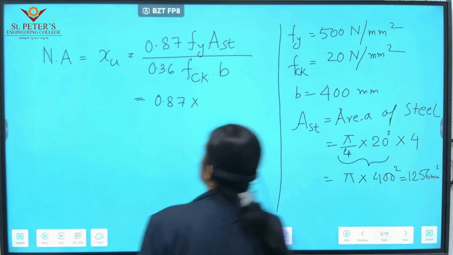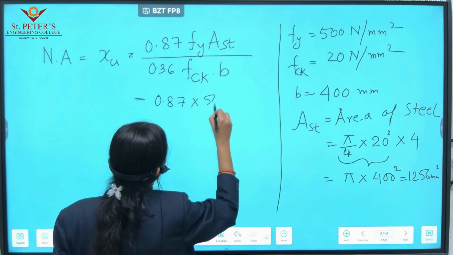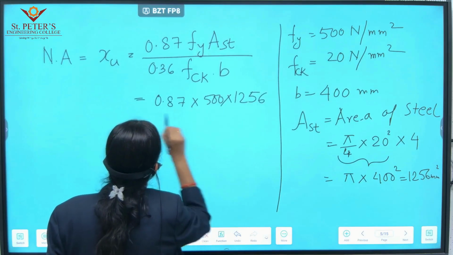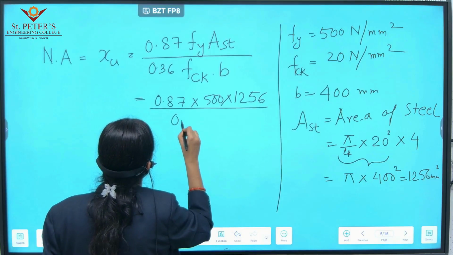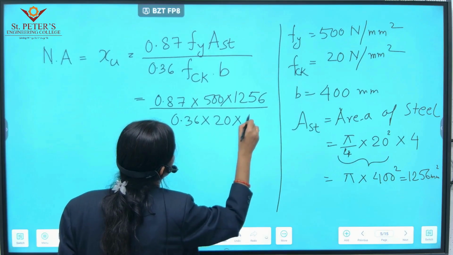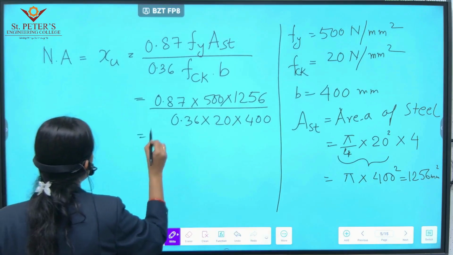So this is the area of the steel. Into Fy is 500, by 0.36 into 20 into 400. So we will find out the Xu.